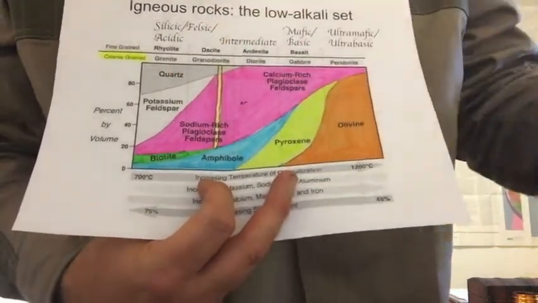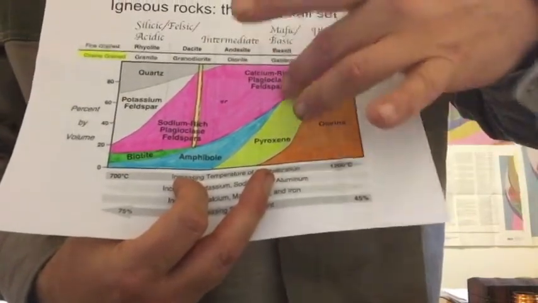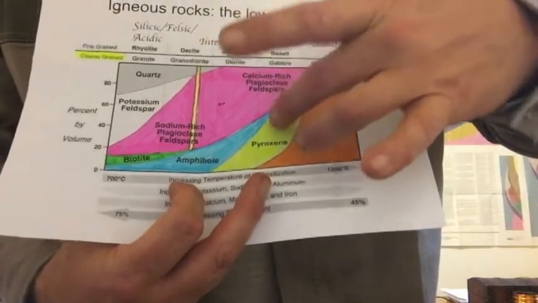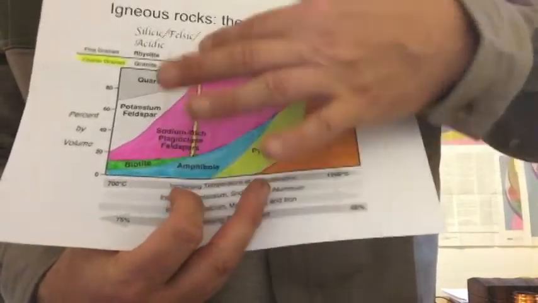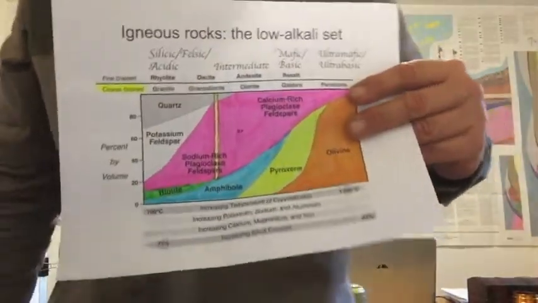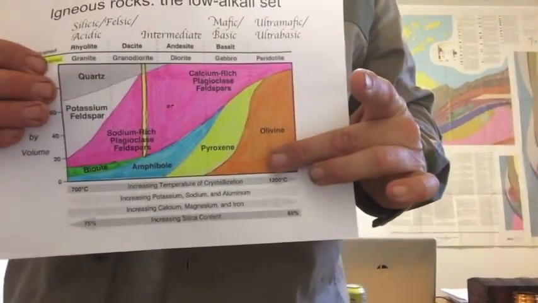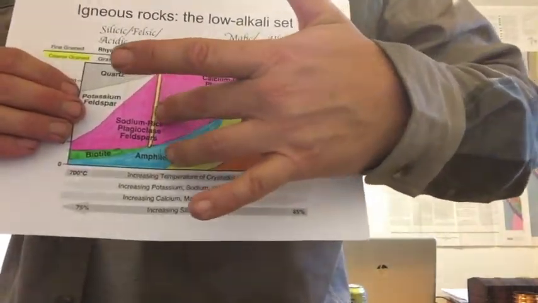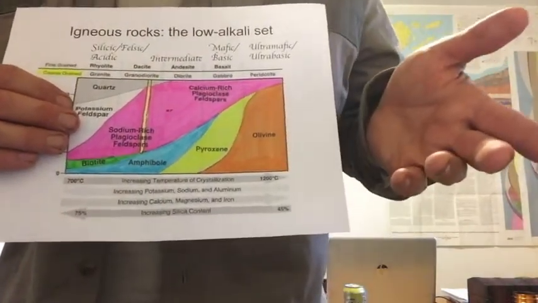So that shear zone must have stopped shortly after we got our plagioclase and our pyroxene, and then it just started to cool until these other minerals could form, and that's why we end up with the rock the way we did. We ended up with the largest crystals being at the highest temperature, and then the smaller ones, except for the pyroxene. I said the pyroxene didn't form large crystals.